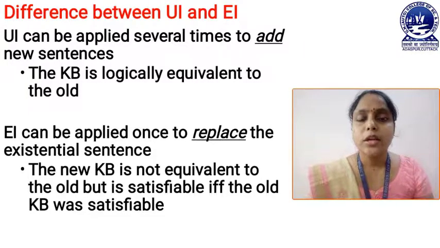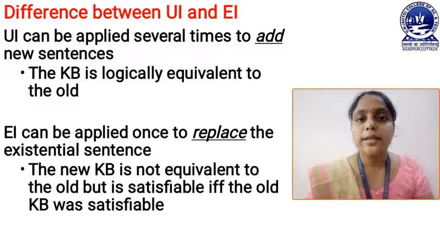That means universal instantiation can be applied more than once to add new sentences to our knowledge base, and the new knowledge base is logically equivalent to our old knowledge base.